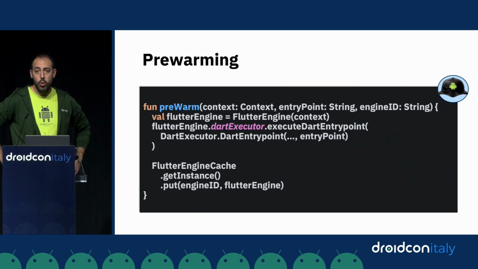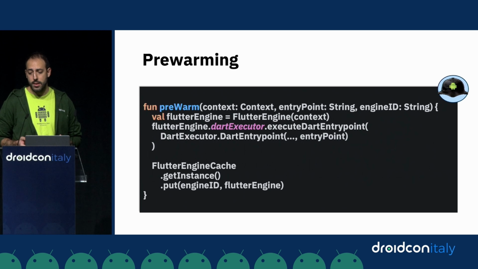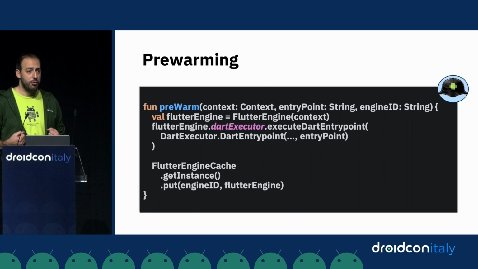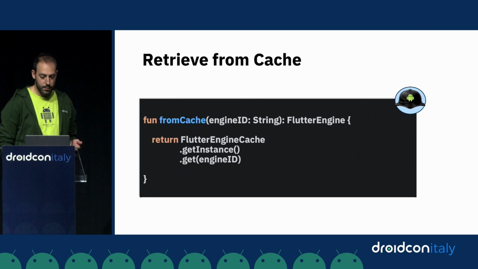We are going to use another object from the Flutter framework, which is the Flutter Engine Cache. So we get the instance from Flutter Engine Cache, and we can just use it as a map, because it's key value. So the key we registered before, as a value, there is the Flutter engine that we instantiate.